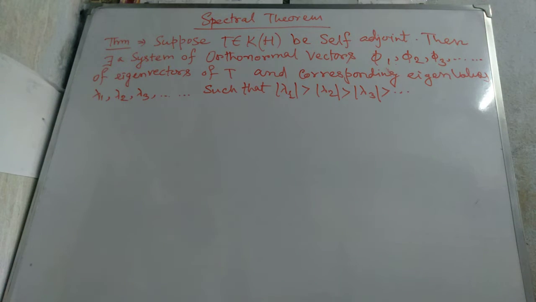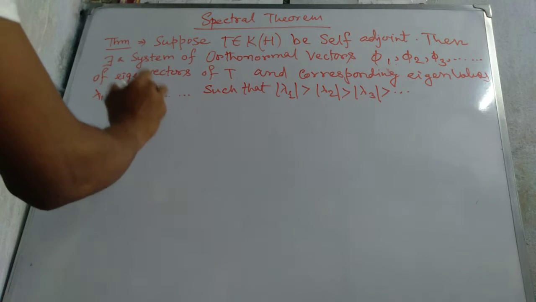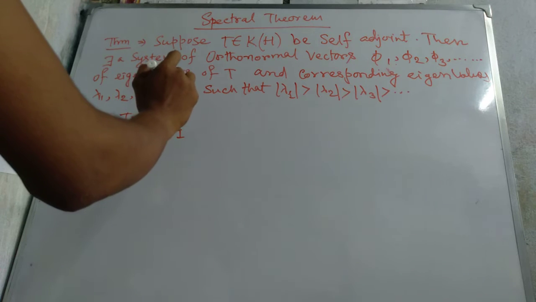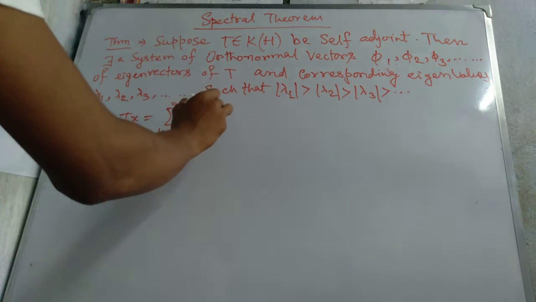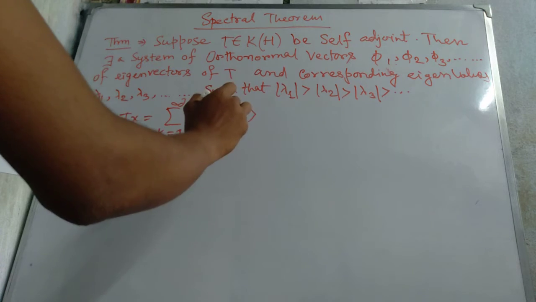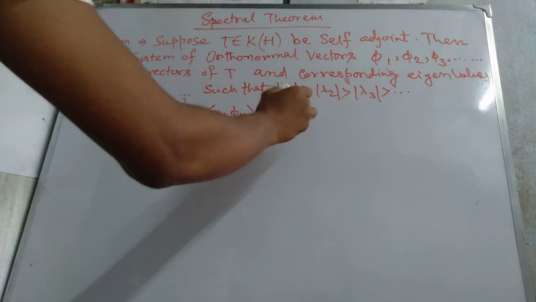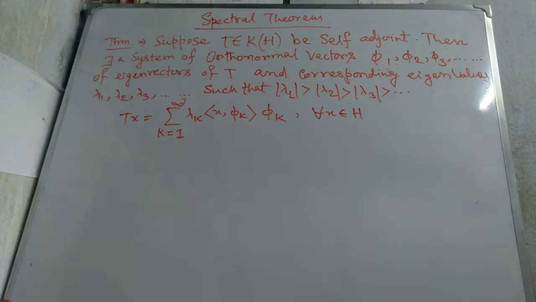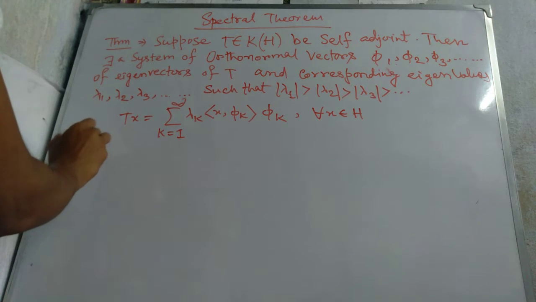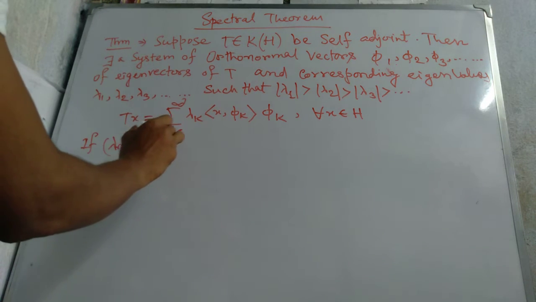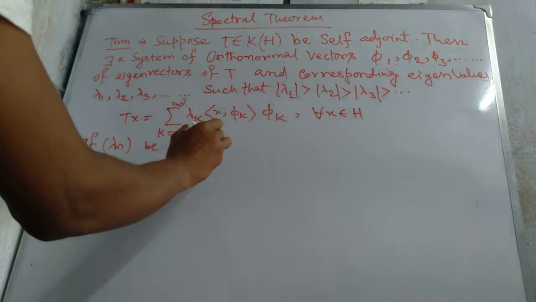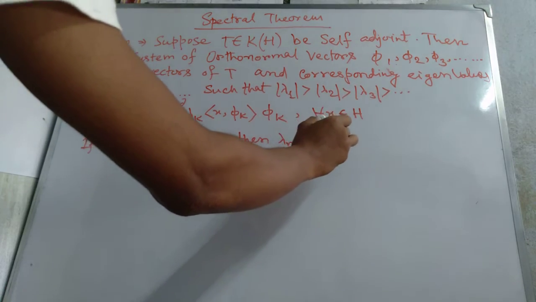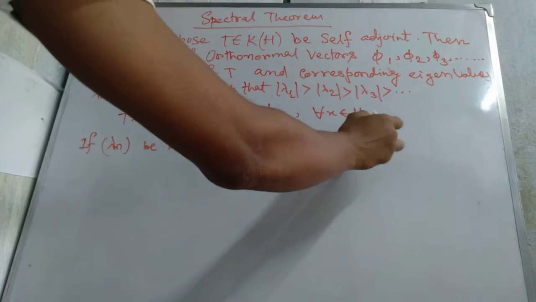Now then Tx equals the summation k equals 1 to infinity of lambda k times x, phi k inner product, phi k, for all x belongs to H. If the sequence lambda n is infinite, then lambda n tends to 0 as n tends to infinity.